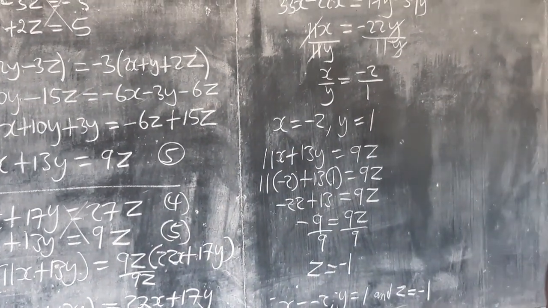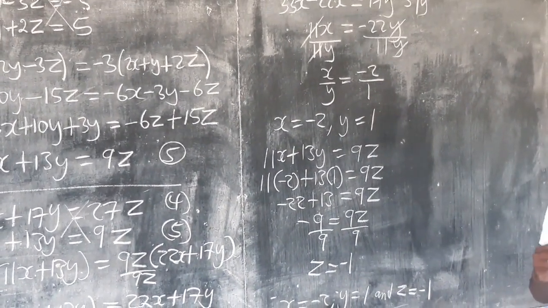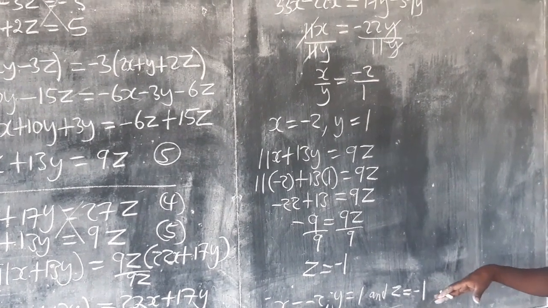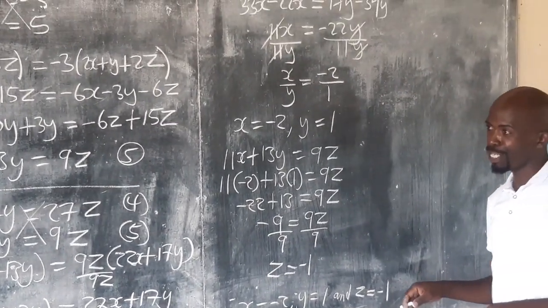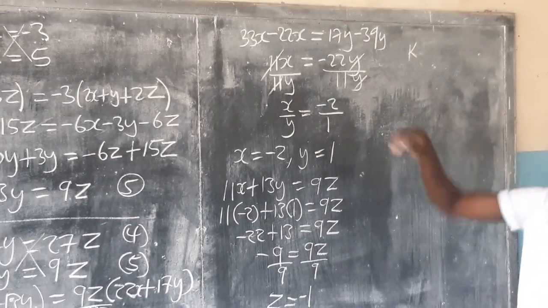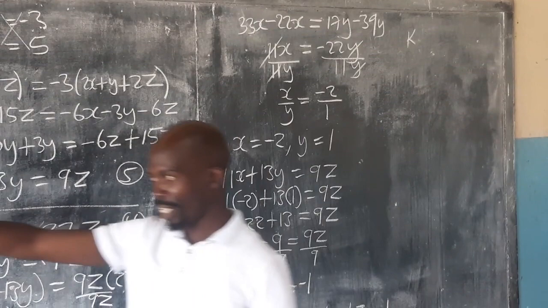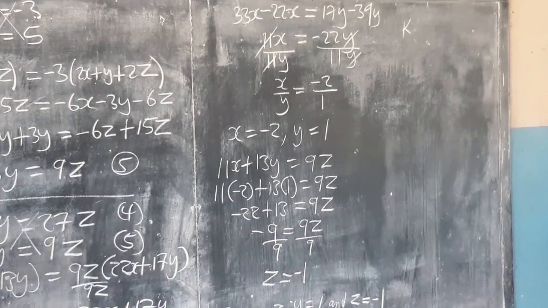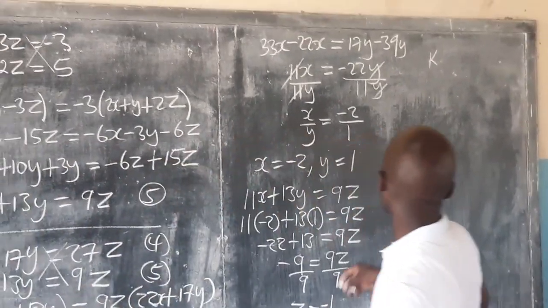We need now to find the true values. These are just critical values. In finding the true values, we use any of the equations that we were given initially. Pick any of those equations.